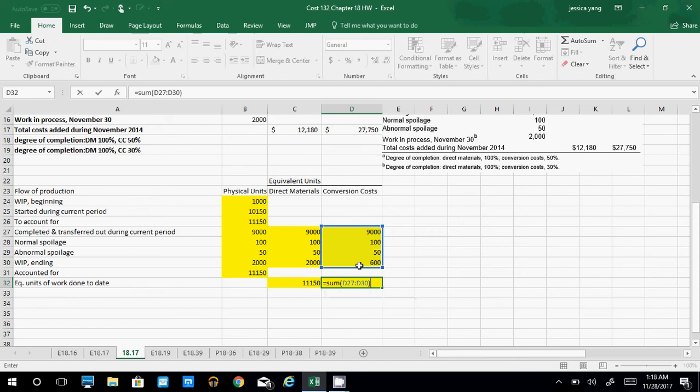To find equivalent units of work done to date for conversion cost, I will sum up completed and transferred out during the current period 9,000 units, plus normal spoilage 100 units, plus abnormal spoilage 50 units, plus work in process ending 600, which gives me a total of 9,750 units.